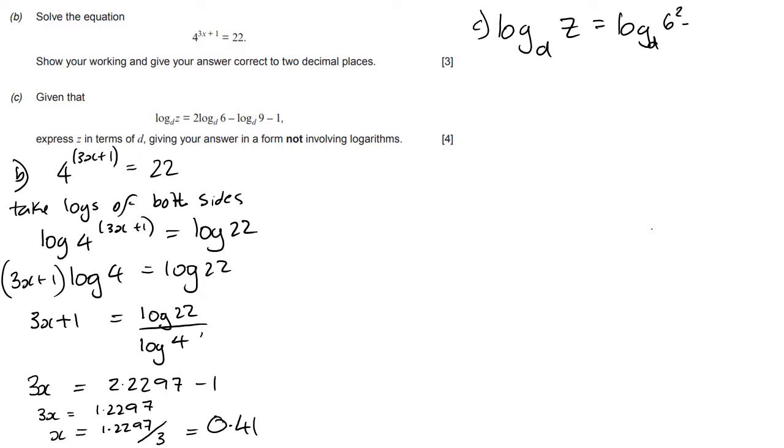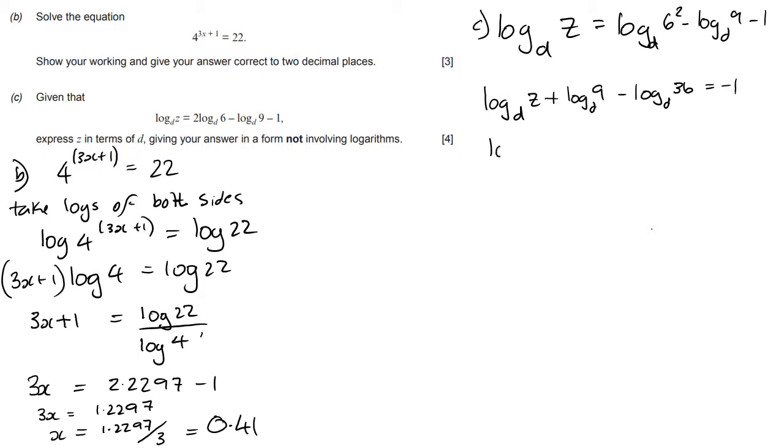minus log d of 9 minus 1, and then I'm going to move everything across to the other side, so that you have log d of z plus log d of 9 minus log d of 36 equals minus 1. So we have the addition rule, then the division rule.